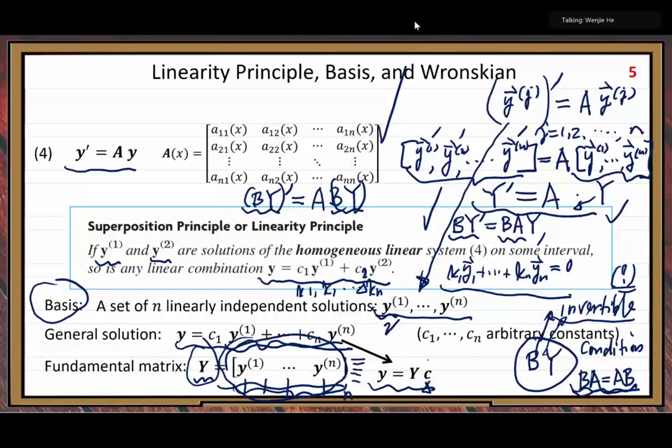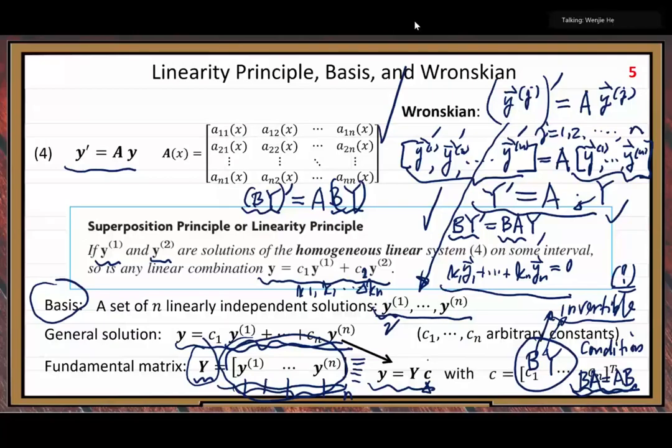You have freedom to choose the numbers for the components of the C vector. Whatever you choose, you will get a different solution. So that's the importance of this fundamental matrix capital Y.